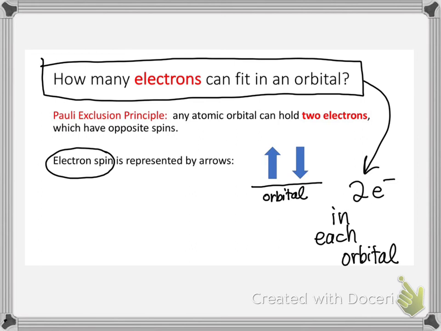And how they represent it, you have an up arrow and a down arrow. And that's just because, remember I told you there's 4 quantum numbers, and if you could have the same energy level, the same sublevel, the same orbital, then the 2 different electrons would have to have different spins. So that's how it goes.